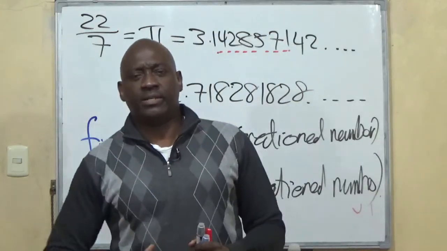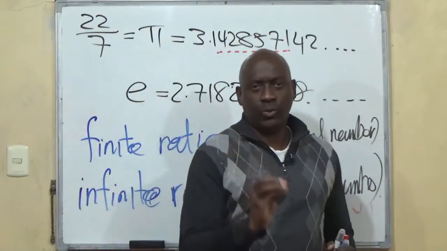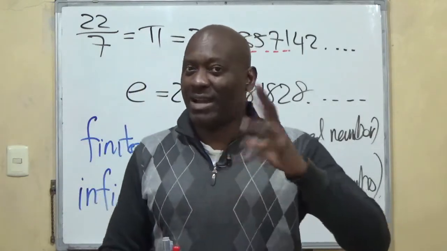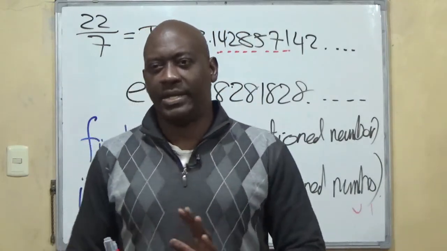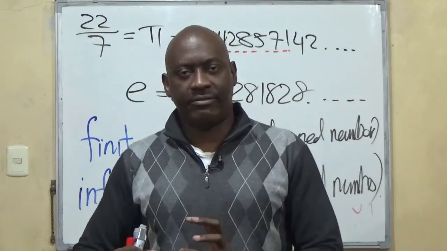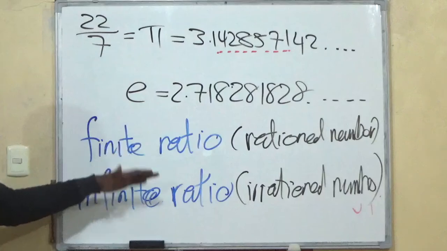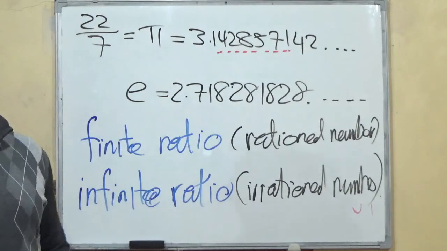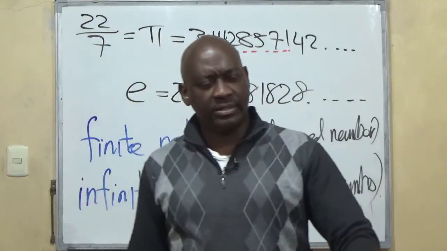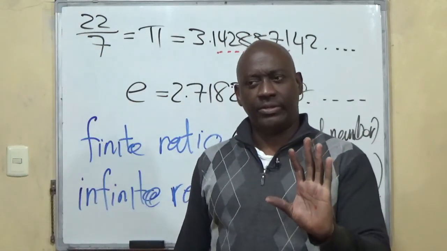We also mentioned that your whole number could also be expressed as a rational number. And then we talk about different denominators that give rise to your finite and your infinite ratios. So when you divide by certain types of numbers, you get your infinite ratio.